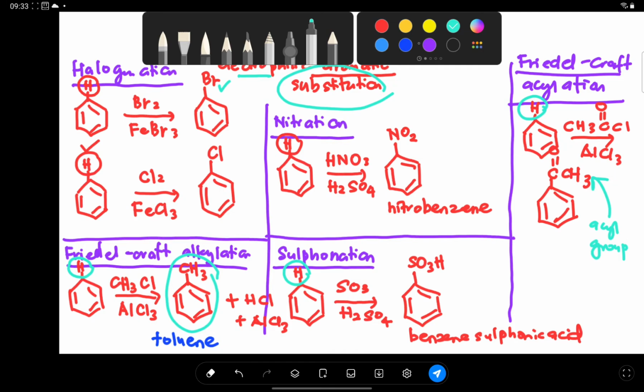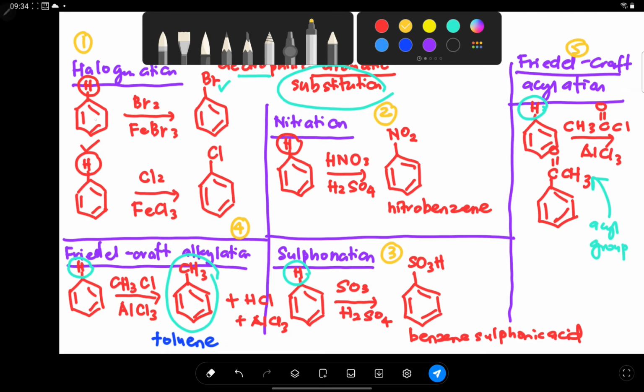Basically, this is the reaction of benzene. So you need to understand the reaction, and finally you need to memorize it. Then what happens if you start the reaction with a benzene that has a substituent on it?